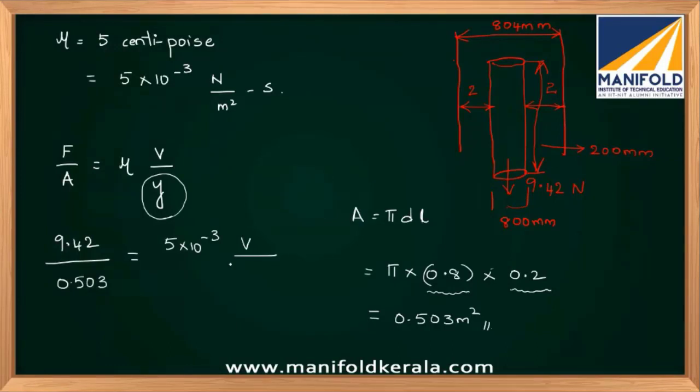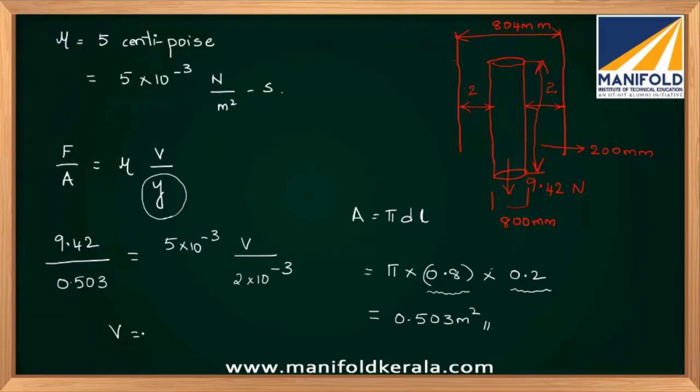Please comment. If you people didn't understand, I'll explain once again. Y value is 2. Very good. Akhil Krishna, that is absolutely right answer. 2 mm. We need to change it into meter, 2 into 10 power minus 3. Now find the value of V.